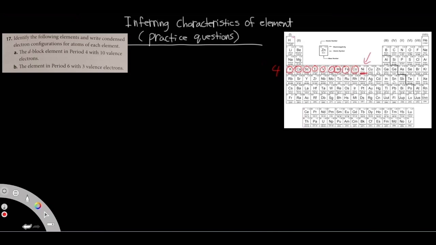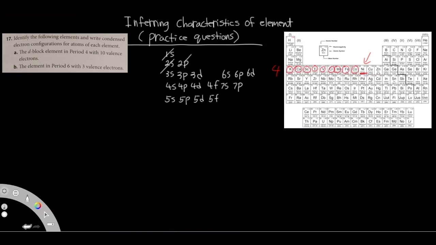So again, how do I know that this needs to be filled up before this? Let me show you: 1s, 2s, 2p, 3s, 3p, 3d, 4s, 4p, 4d, 4f, 5s, 5p, 5d, 5f, 6s, 6p, 6d, 7s, 7p.